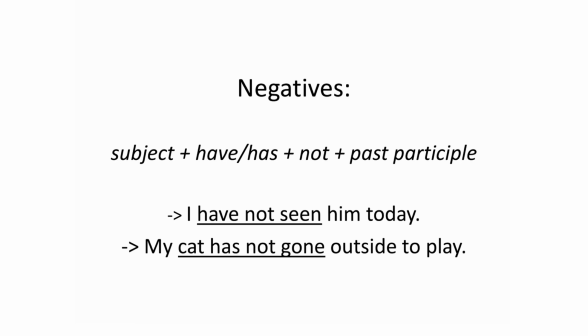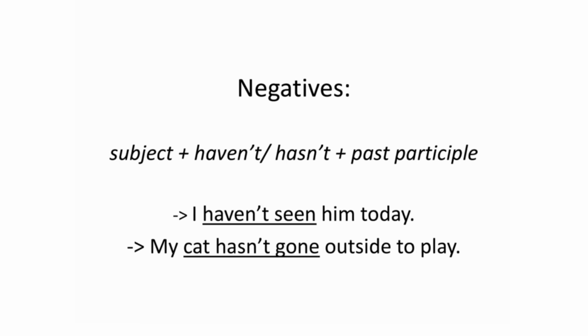For example, I have not seen him today, or my cat has not gone outside to play. We can also contract have not and has not to form haven't and hasn't. I haven't seen him today. My cat hasn't gone outside to play.